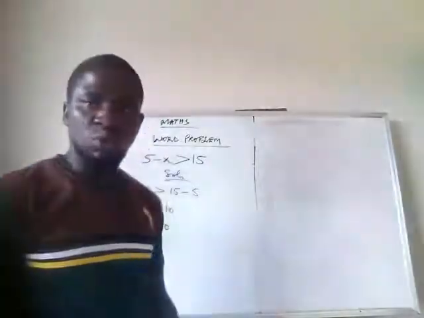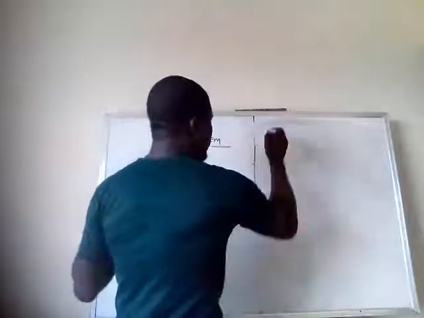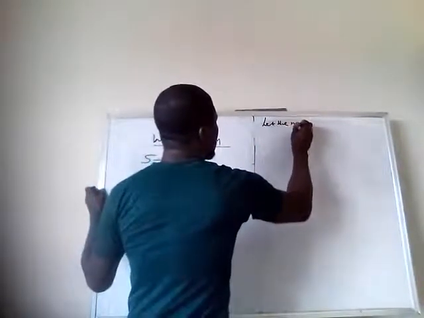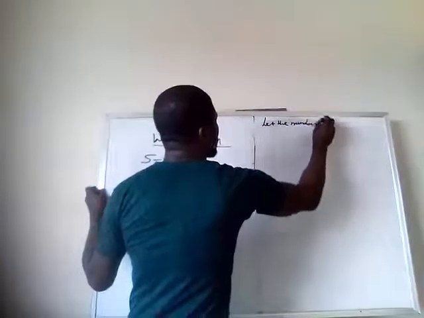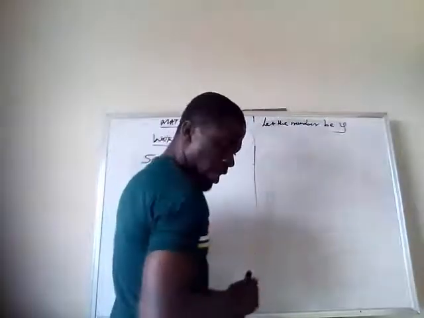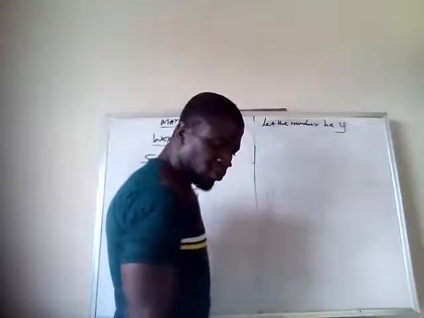Then the only thing you will do is to say, let the number be any alphabet. Let the number, I want to call it y, and the question said, and she doubles the number.